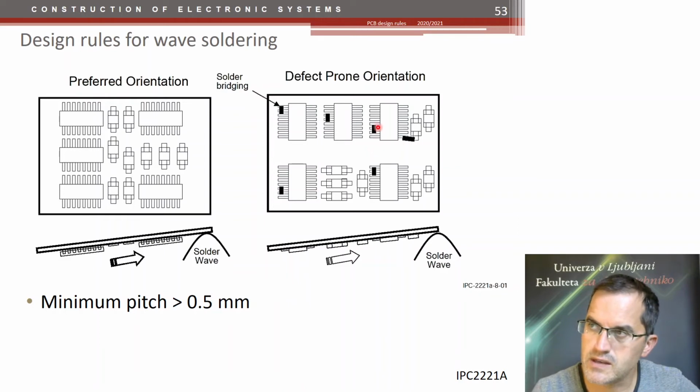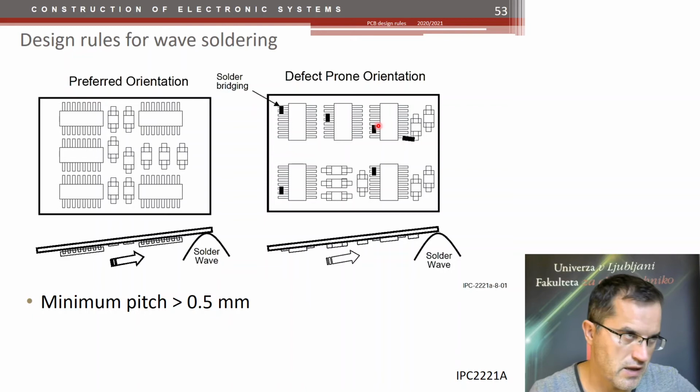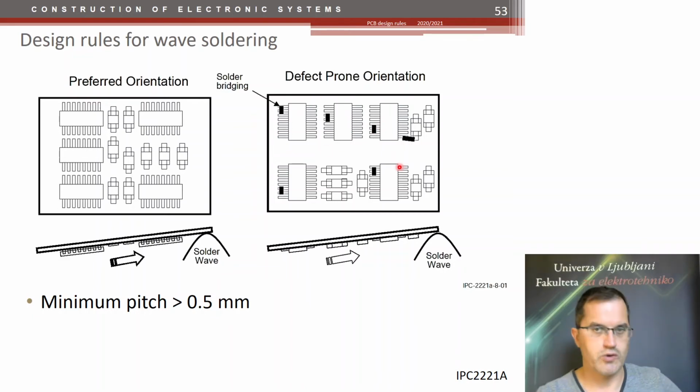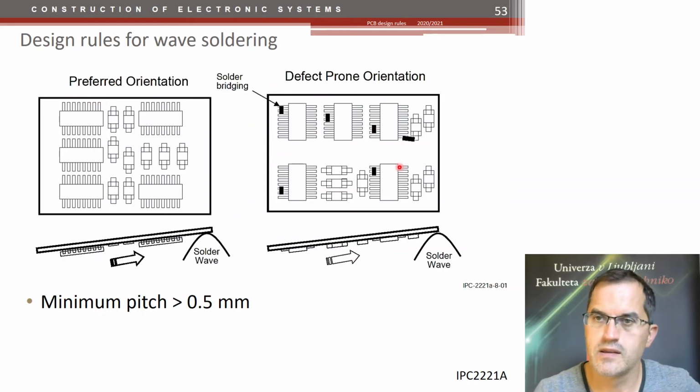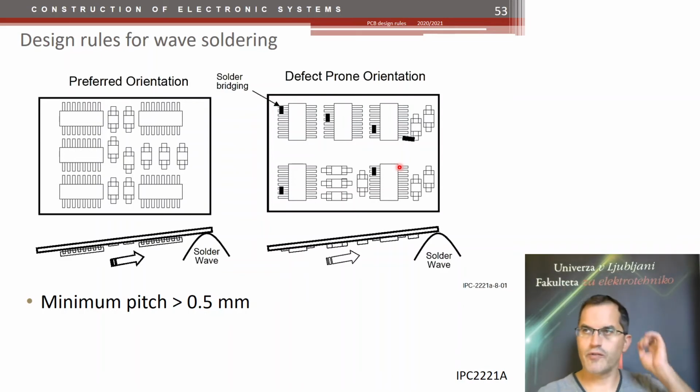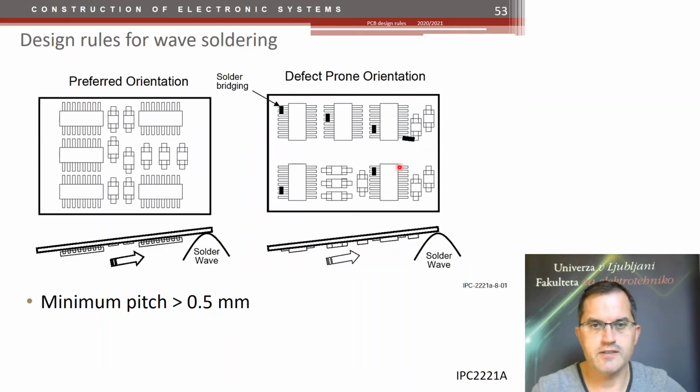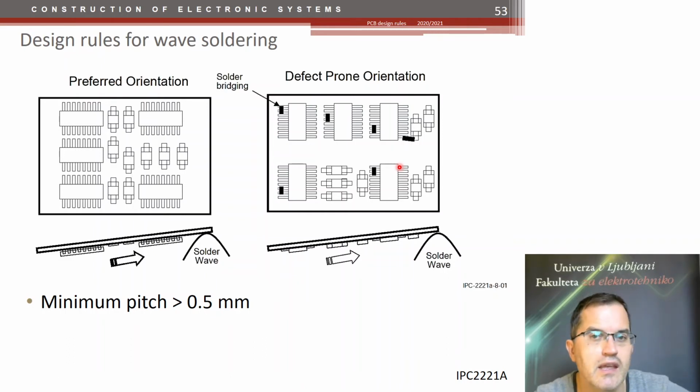Then you see here, if this distance is too large, then this solder does not have an option to jump over, so it will just get stuck here, and you will get several shorts. So the orientation of the components relative to the solder wave is essential. You should know at the beginning already how your PCB will be placed in the machine, and according to that you should place and orient the components according to the solder travel.